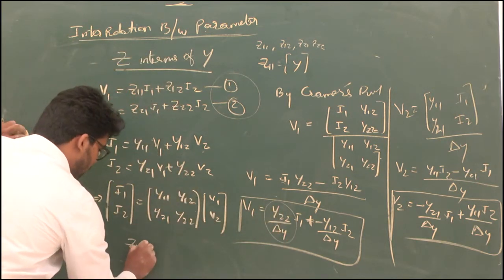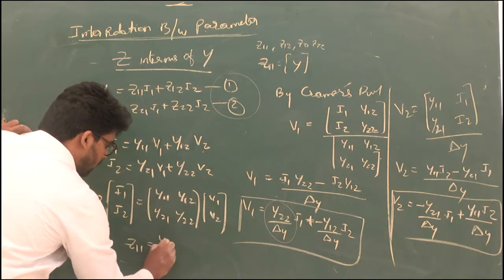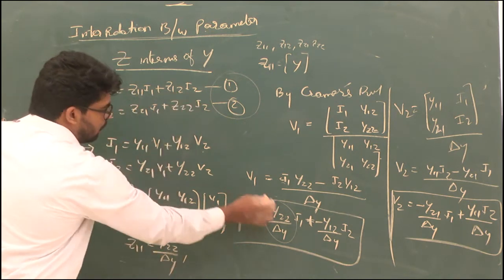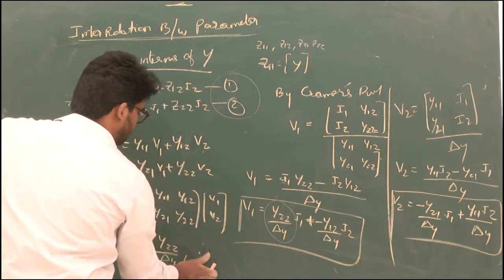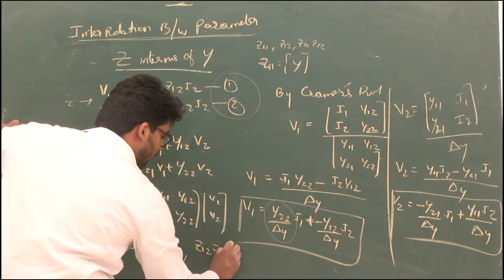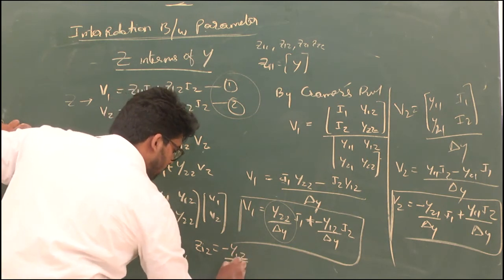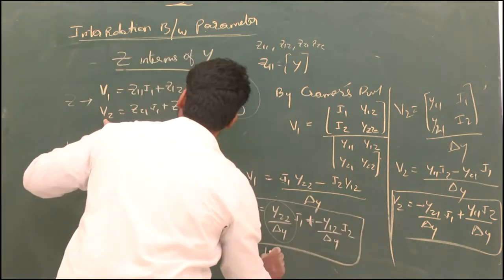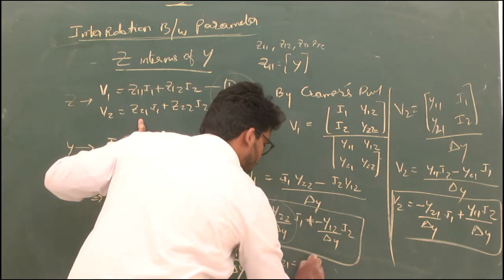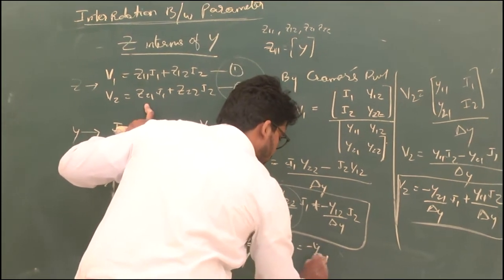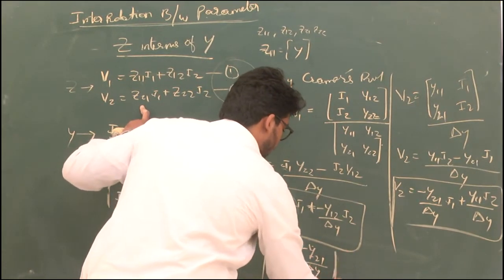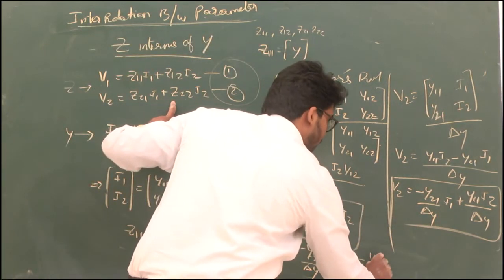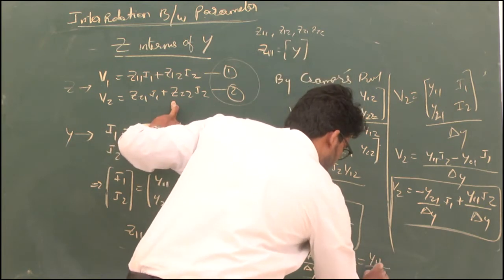Therefore, the z parameters in terms of y parameters can be represented as z11 equal to y22 by delta y, z12 equal to minus y12 by delta y, z21 equal to minus y21 by delta y, and z22 equal to y11 by delta y.